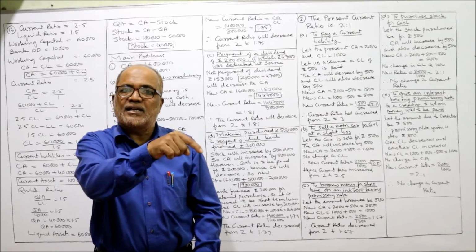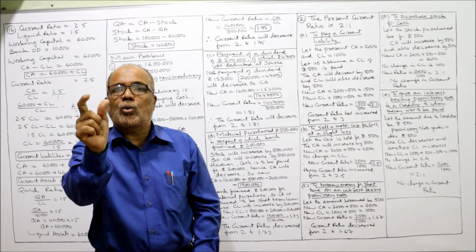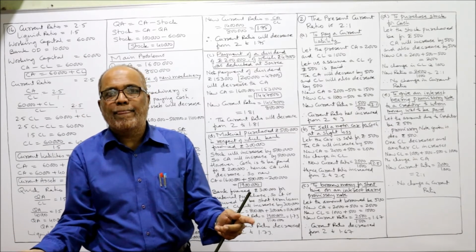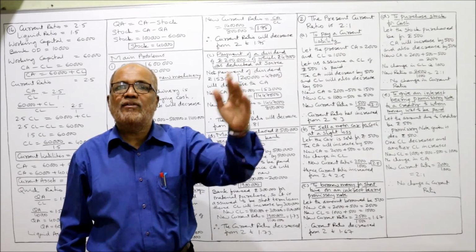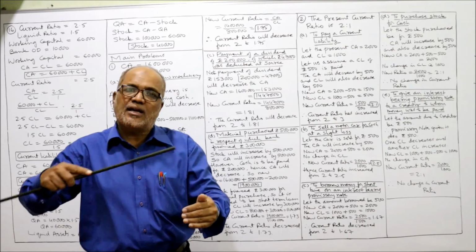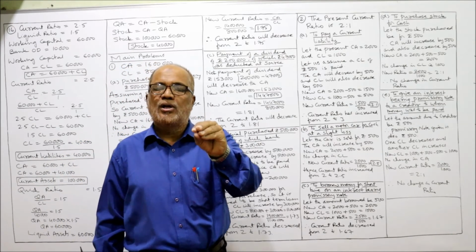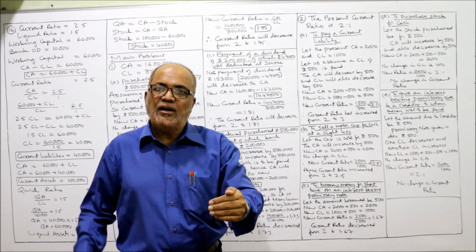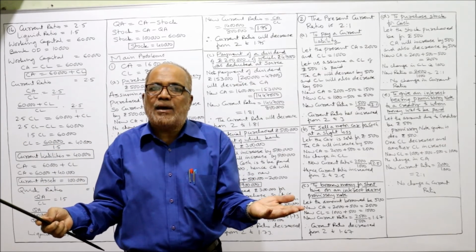One current asset increases, the other current asset decreases, so total current assets will remain the same. Because stock we are getting, cash we are giving. Suppose 500 rupees is the value of the stock. So 500 worth of stock coming in, 500 cash going out. So ultimately current asset will remain the same.